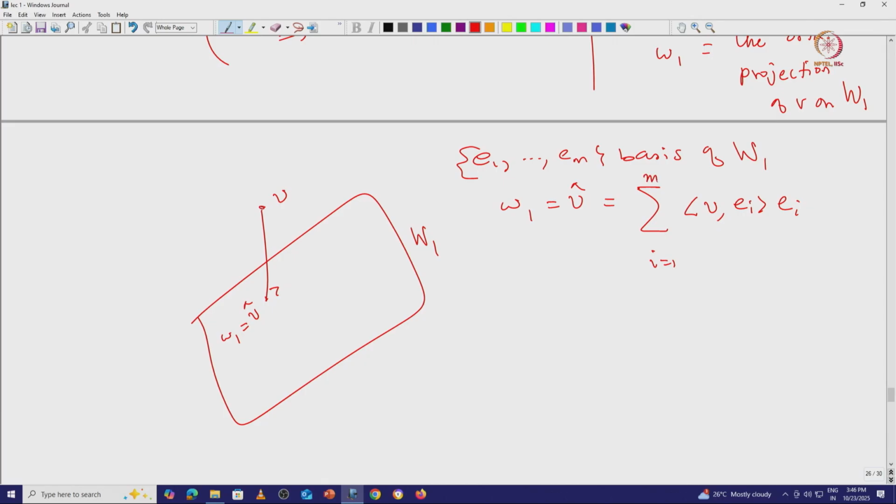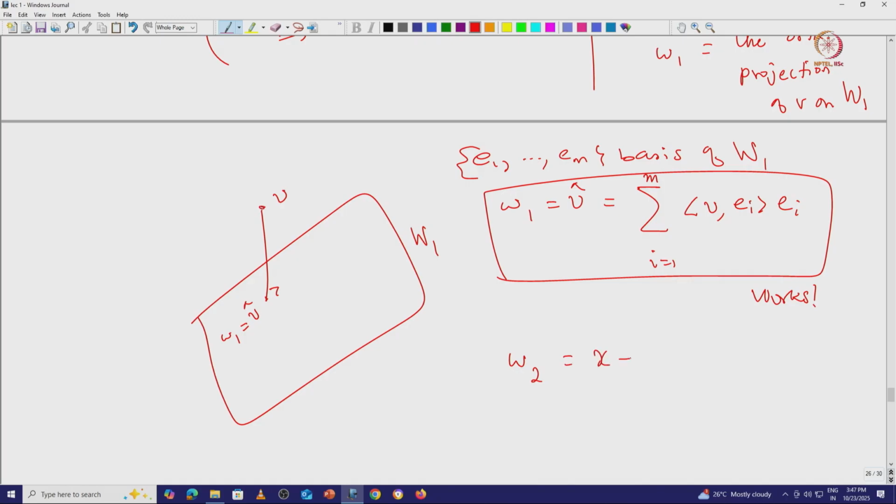I will leave it to you to check that this w1 indeed works, and w2 should obviously be equal to v minus w1.